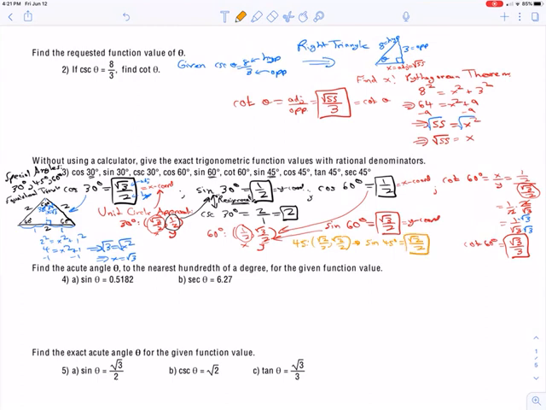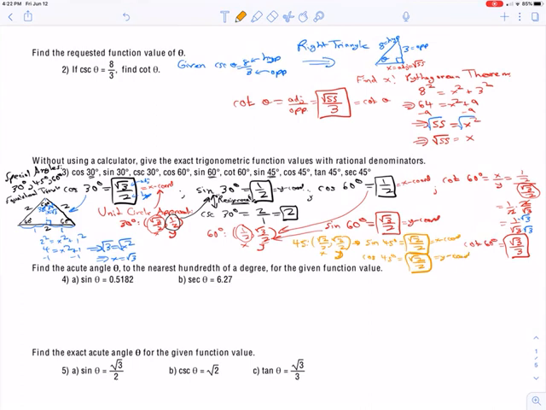You can also use the isosceles right triangle to prove that, letting the legs, the two congruent sides, be 1 unit. Then you find your hypotenuse, which will be square root of 2 using the Pythagorean theorem, and you can prove these values with that. Of course, cosine of 45 degrees is square root of 2 over 2. Again, there's your x-coordinate and your y-coordinate.